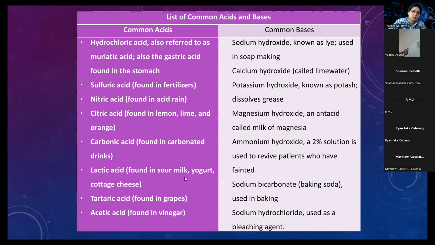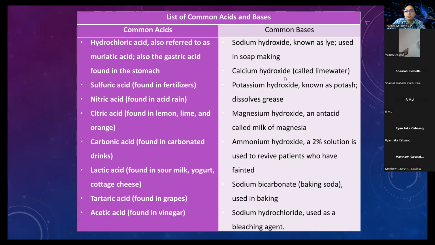Let's move forward. Lactic acid is found in sour milk, yogurt, and cottage cheese. Tartaric acid is found in grapes, and acetic acid is found in vinegar. Your vinegar is actually acetic acid, whether you like it or not.